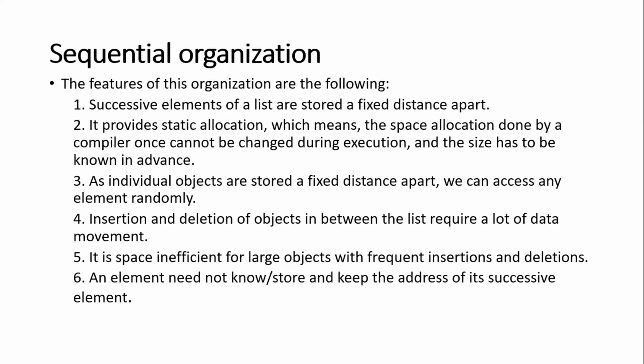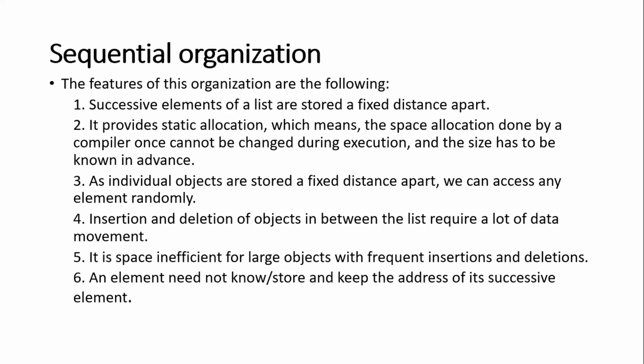So it is static allocation. It is not dynamic allocation. The compiler should know the size of the array beforehand. It can't know it during execution time. So the size should be known in advance to allocate that amount of space in the memory.